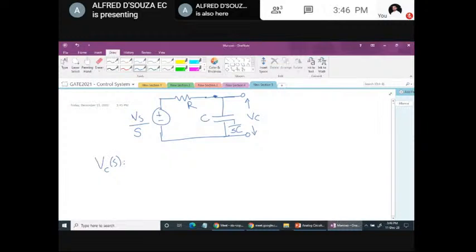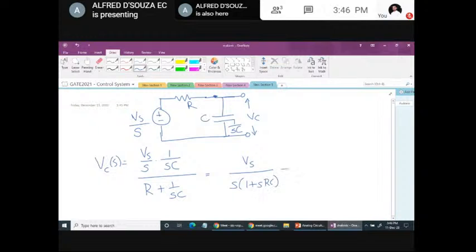So Vc of S is the main voltage Vs by S into the impedance of the second element, the capacitor in this case, divided by R plus 1 by SC. So we can write this as Vs by S into 1 by (1 plus SRC).